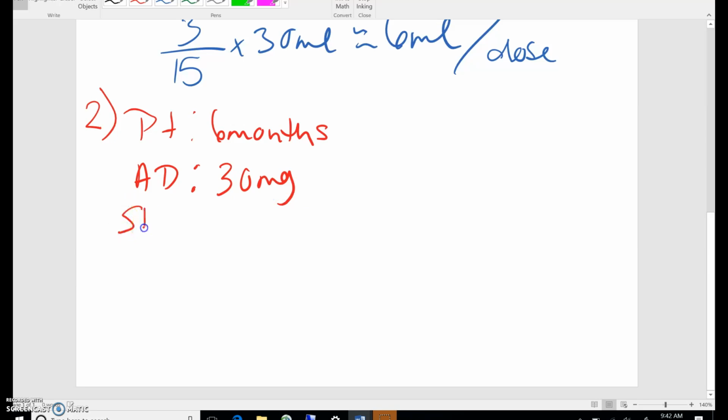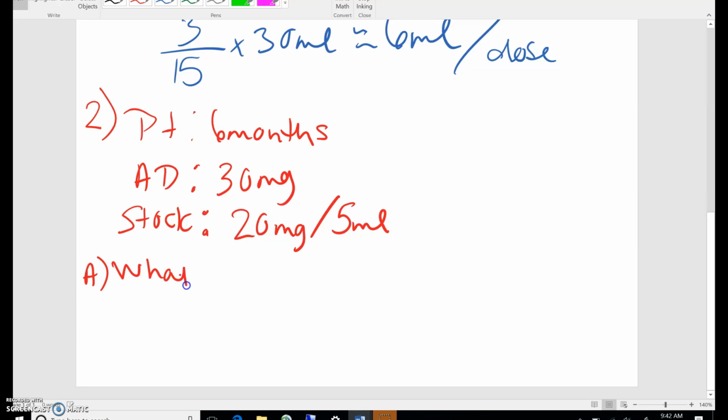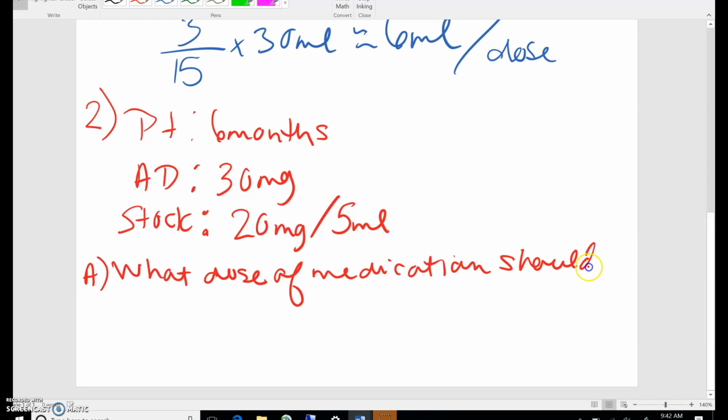The medication in stock, they tell you, is phenobarbital elixir, 20 milligrams per 5 milliliter. The first question is, A, what dose of medication should be given to the child?